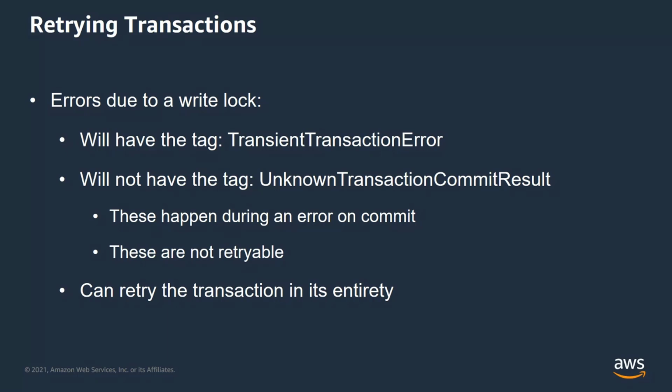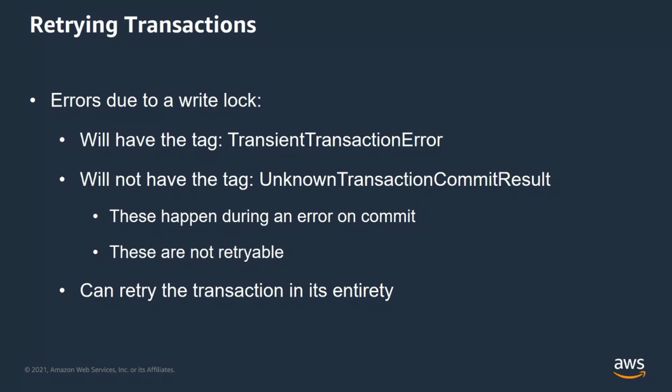So if we encounter a write lock in our transaction, so somebody else was already updating this particular document, so we're going to get that rollback scenario, we will get an operation failure error that will include this transient transaction error tag. That's going to be our notification that we encountered that situation.